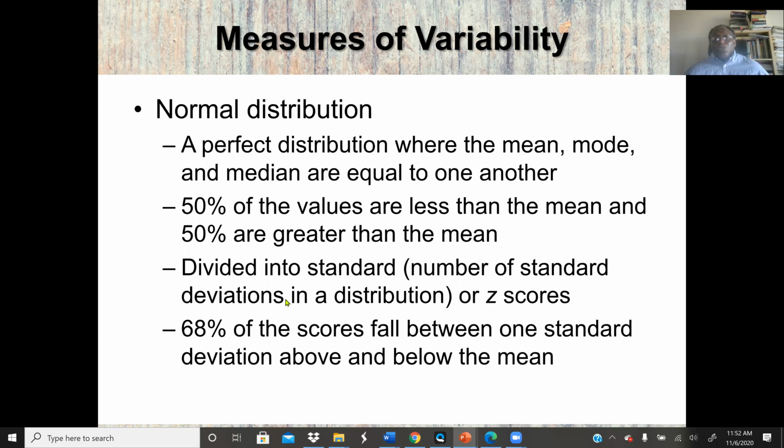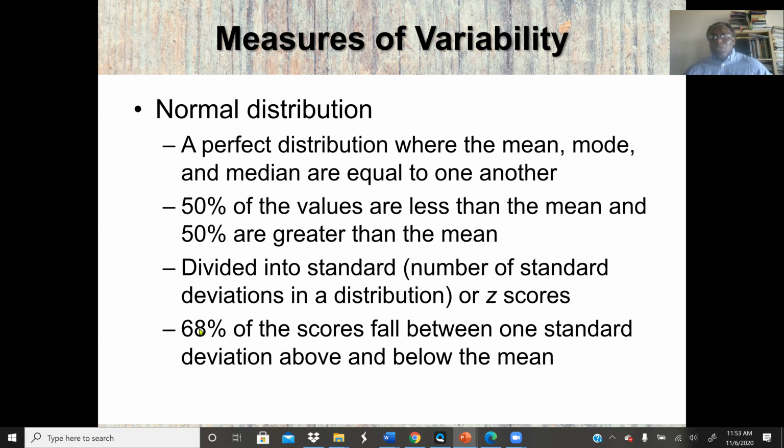We also have the normal distribution. Normal distribution is one of the perfect distributions because the mean, median, and mode are equal. They are the same. So 50% of the values are less than the mean and 50% are greater than the mean. We can divide it into standard deviations, or z-score. Z-score helps us to find how the data deviate in the distribution.